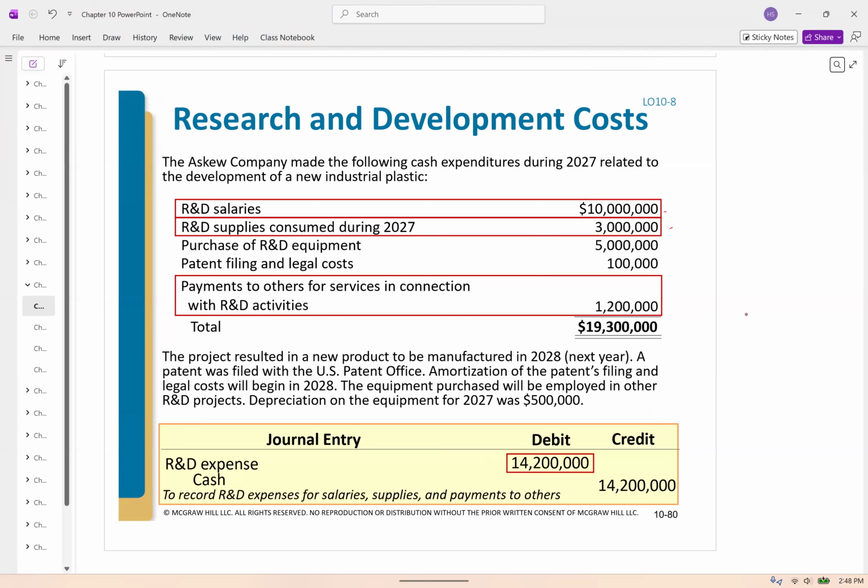Those are going to go in a little bit different area. Those three together equals 14,200,000. So that just goes straight to R&D expense, credit cash.